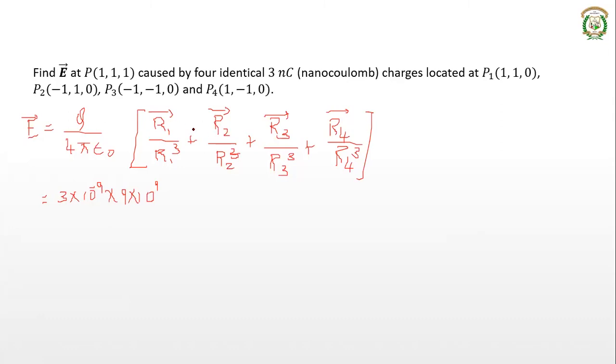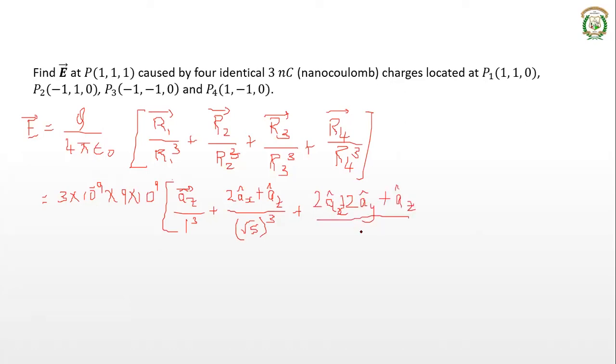So then multiply, substitute these terms R1, R2, R3, and R4. So what do you get? Unit vector az divided by R1 cube, which is 1 cube, plus 2ax plus az divided by root 5 cube, plus 2ax plus 2ay plus az divided by 3 cube, plus 2ay plus az divided by again root 5 cube, right?